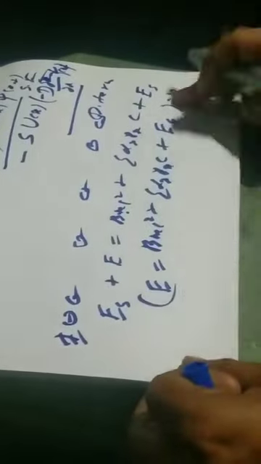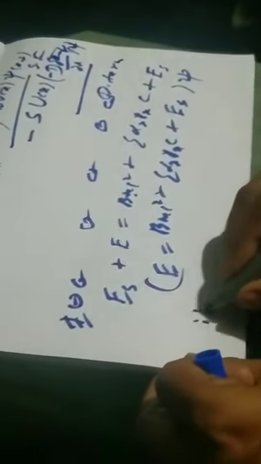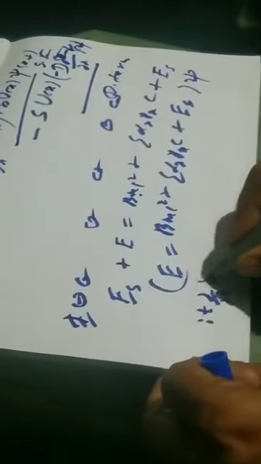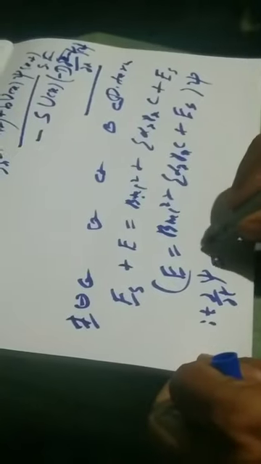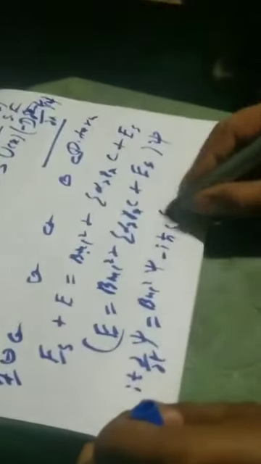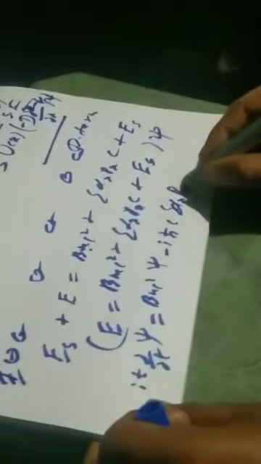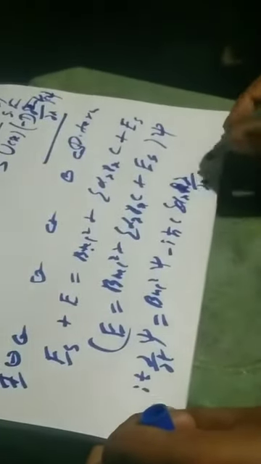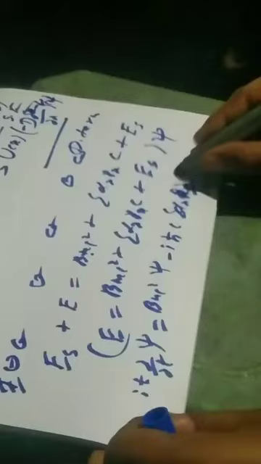Now multiply both sides by psi. You will get E into psi equals i h cut del by del t of psi, and this beta mc square psi, and this you will get minus i h cut c sigma alpha x del by del x of psi.